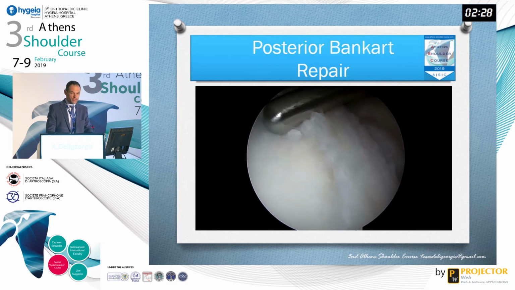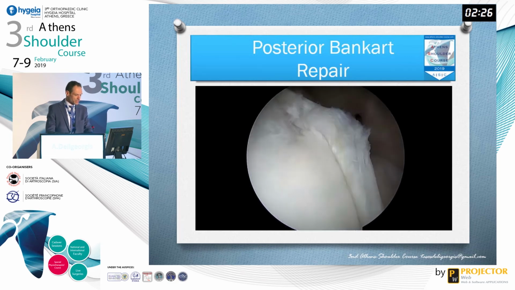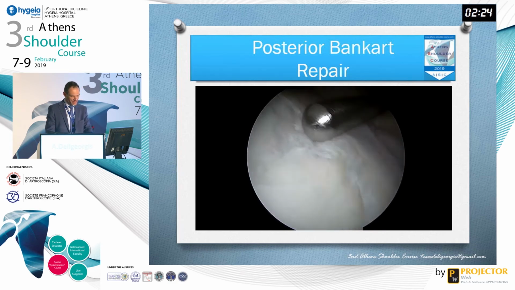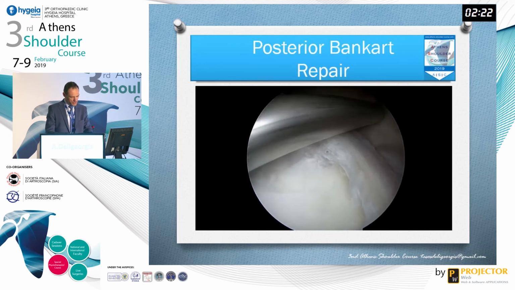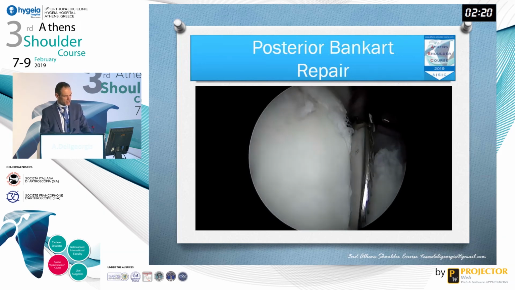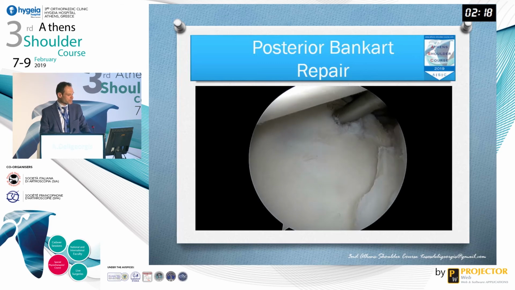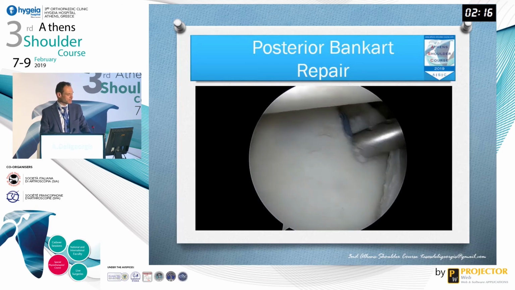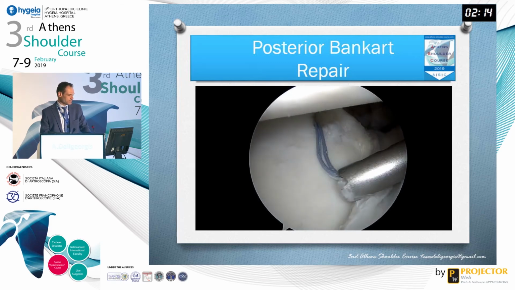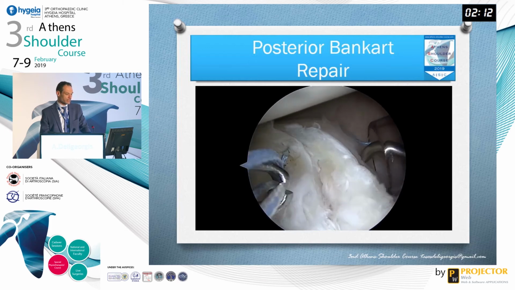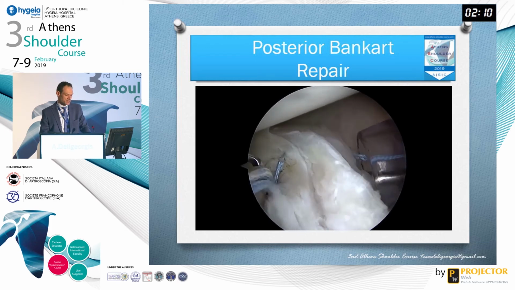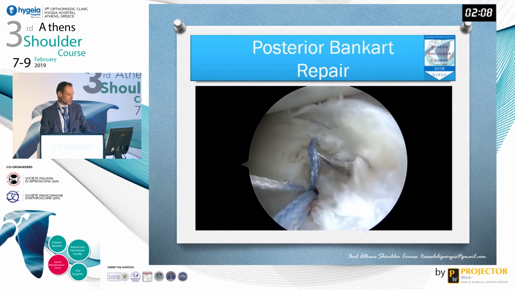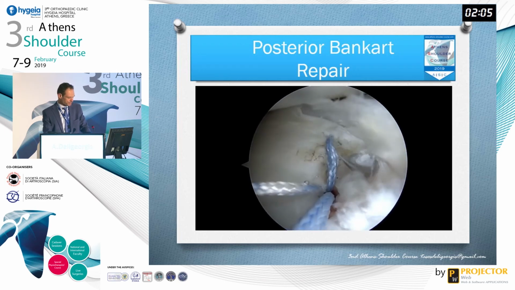From the posterior portal, using the switching stick or a probe, you can define this posterior Bankart lesion, mobilize it, put an anchor in, and then with a suture passer, pass the labrum, fix it and tie down.